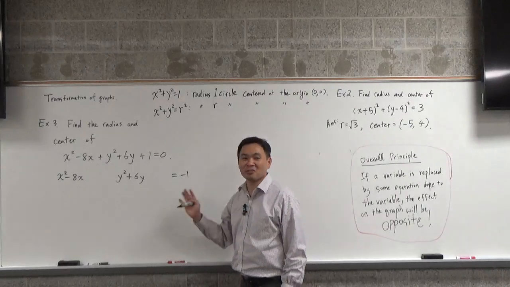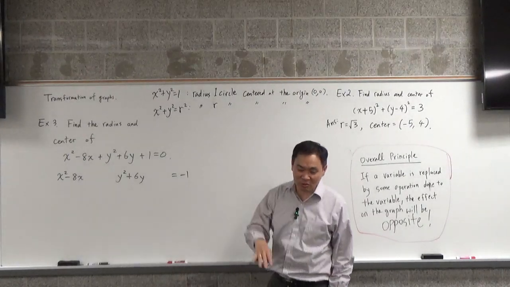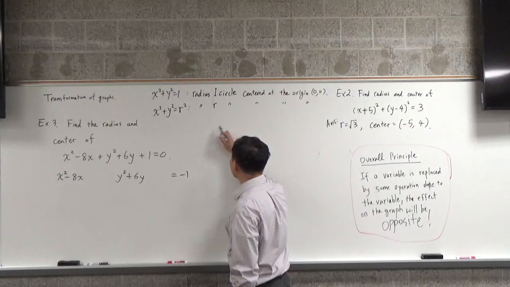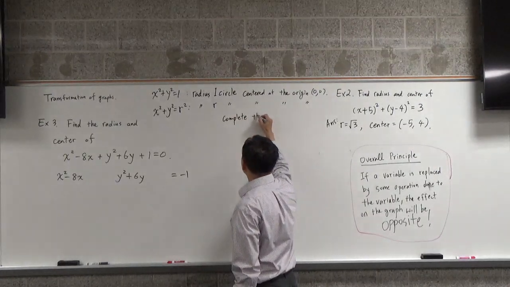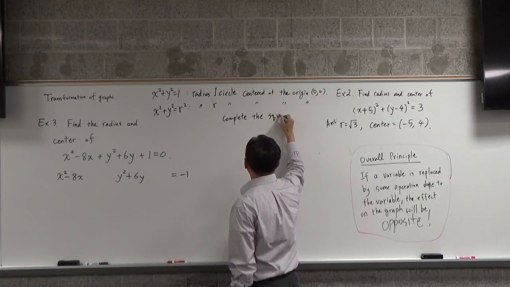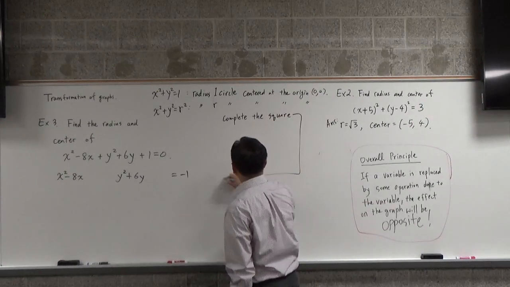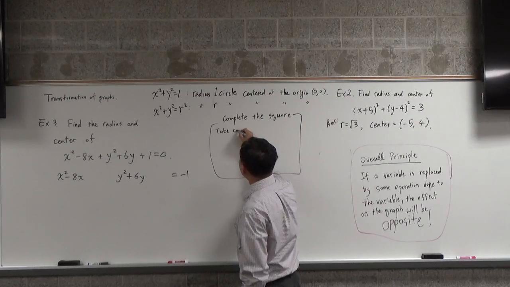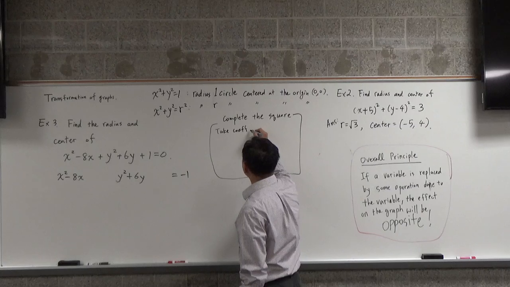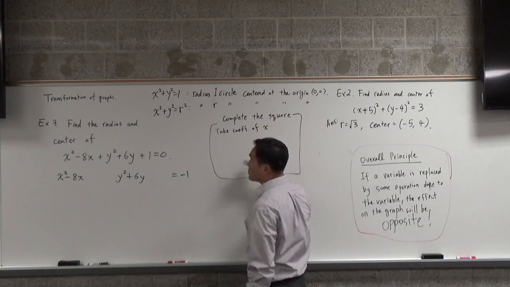But if you still couldn't understand what I was explaining, I'll just give you a simple algorithm to complete the square. The algorithm for complete the square is take coefficient of x, okay?